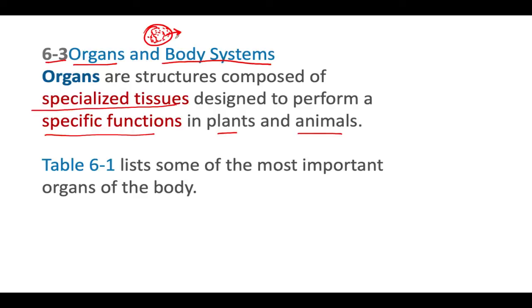Cells are not always round. They could be elongated, or very, very long, like our nerve cells. So there is a variety of shapes and functions that cells have.